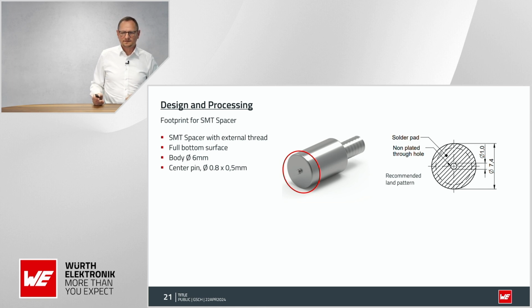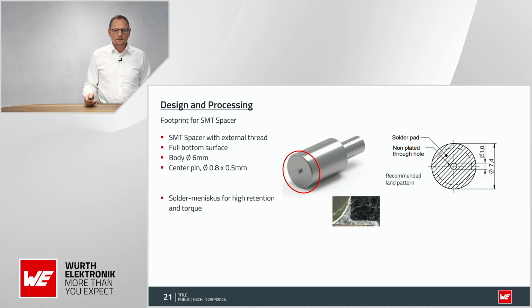All the tests and all the results that we gathered were achieved with the recommended land patterns. So that is telling you if you use them, and you can get them free from our website for your design, then you are likely to achieve the same results.